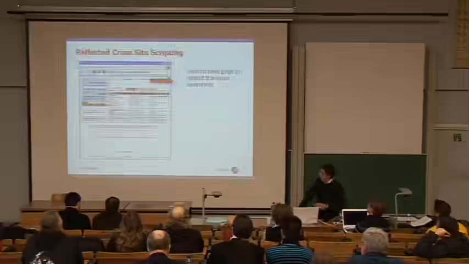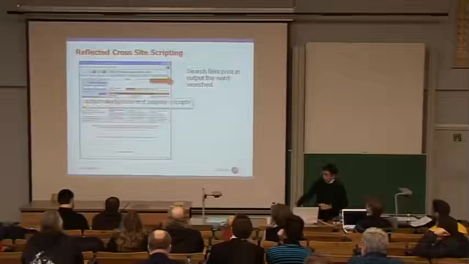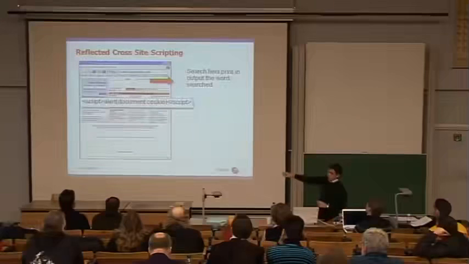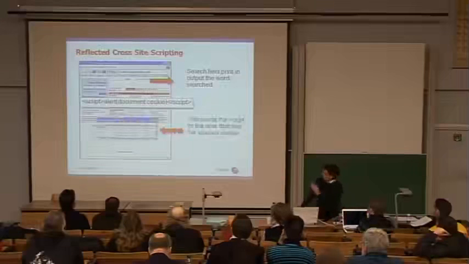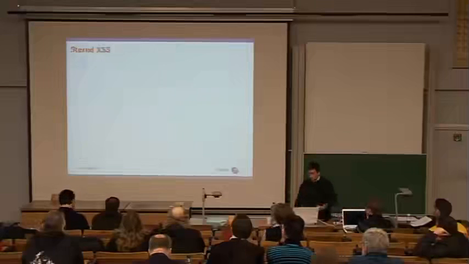So here, for example, is a reflected cross-site scripting, where in the site there is a search field at the bottom, and what if I write something like that instead of home, I search for home or something like that. Maybe I can insert a script. And if the output is something like that, I understand that the application doesn't validate the output.